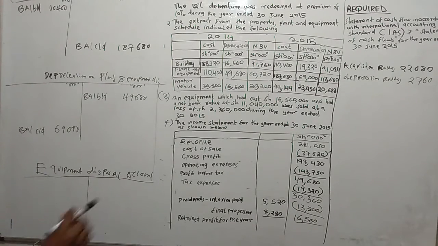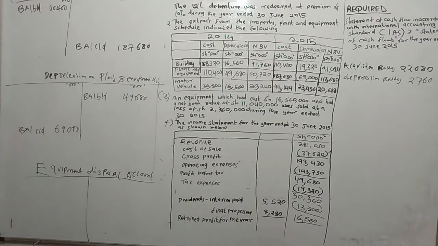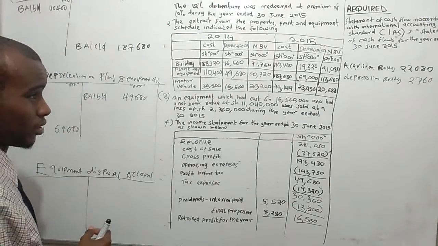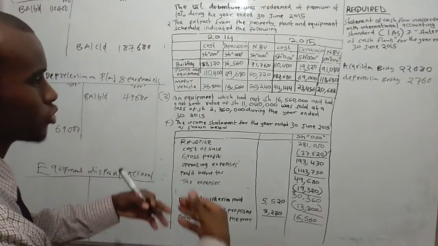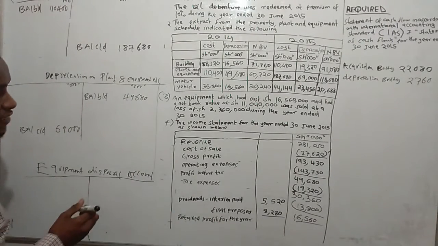Now we are told in additional information number 3 that an equipment which had cost 16,560,000 was disposed of. This means the disposal value was 16,560. That is what the bank got when they disposed of the asset. Let's record that, 16,560.